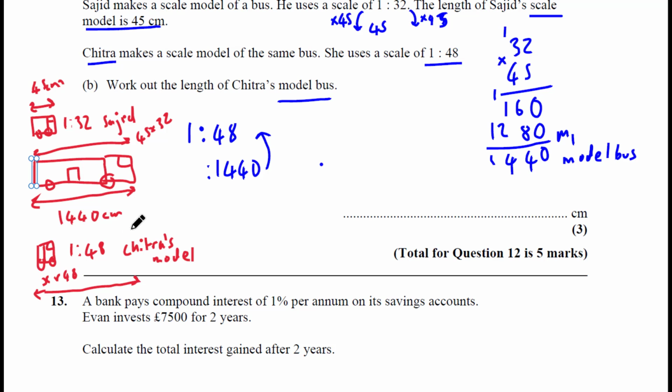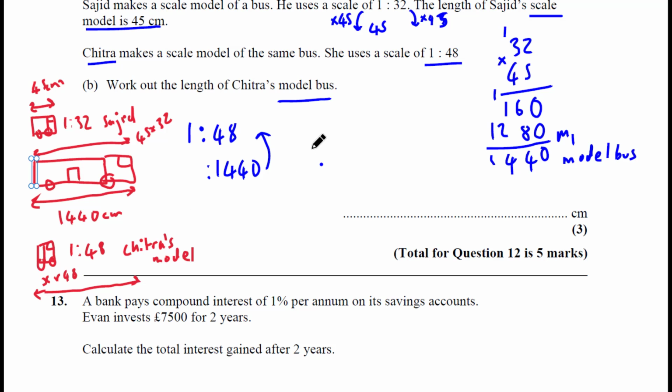Now remember, Chitra's scale model is 1 to 48, so something times 48 is going to equal the size of the bus, and her bus is going to be smaller because the scale is larger.